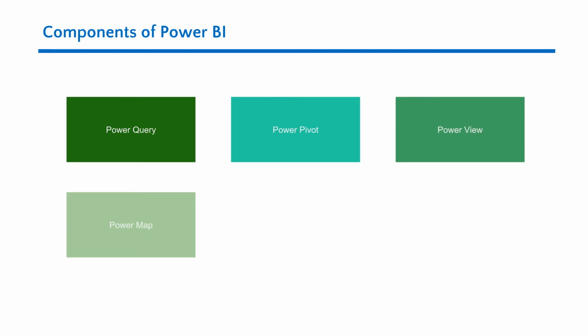And Power Map works with Bing Maps to get the best visualization based on geographical data, either your latitude, longitude, or the name of the country, state, city will work as well, because it ultimately uses Bing Maps.